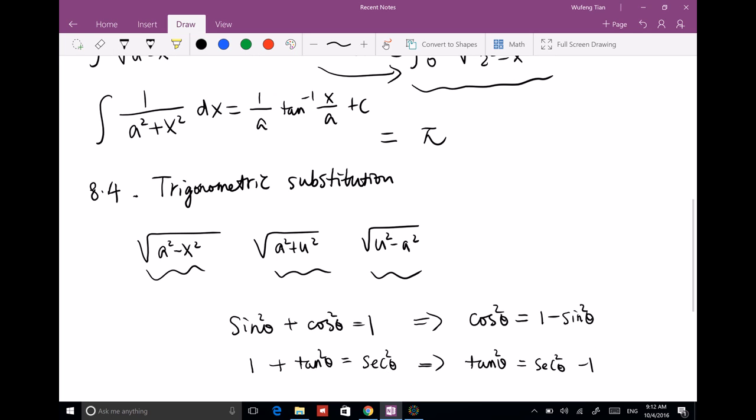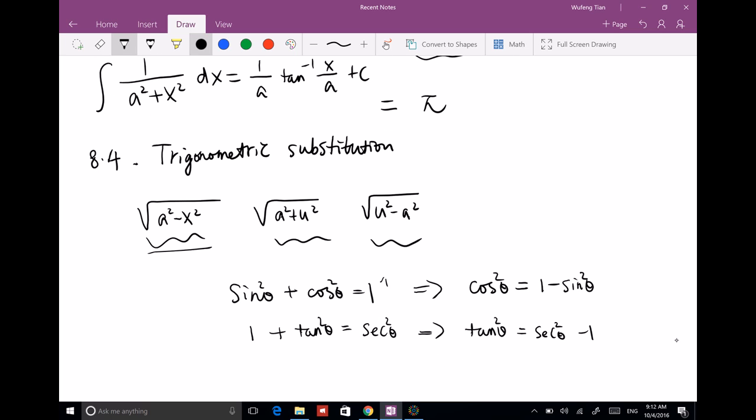So for the first one, which formula am I going to use? Either the first one or the second one. It's the square root of a squared minus x squared.